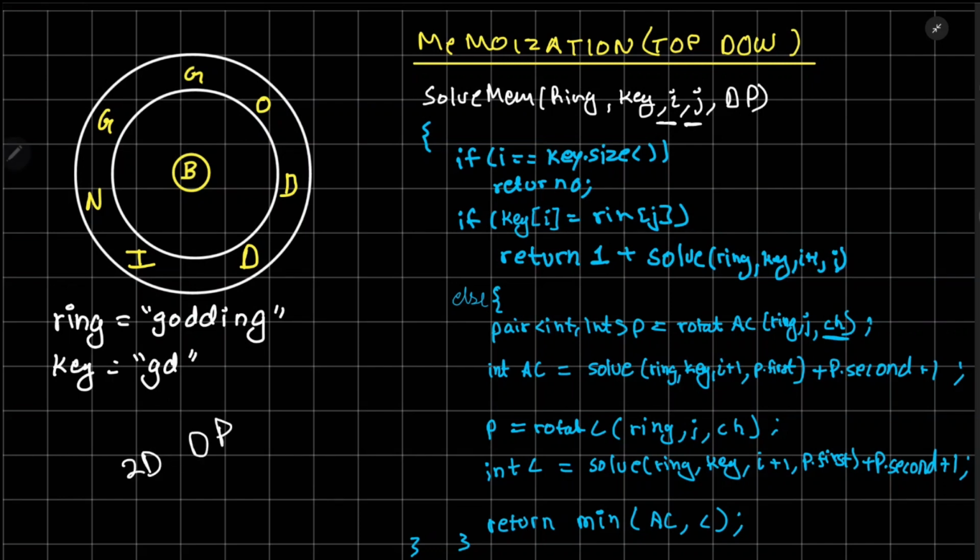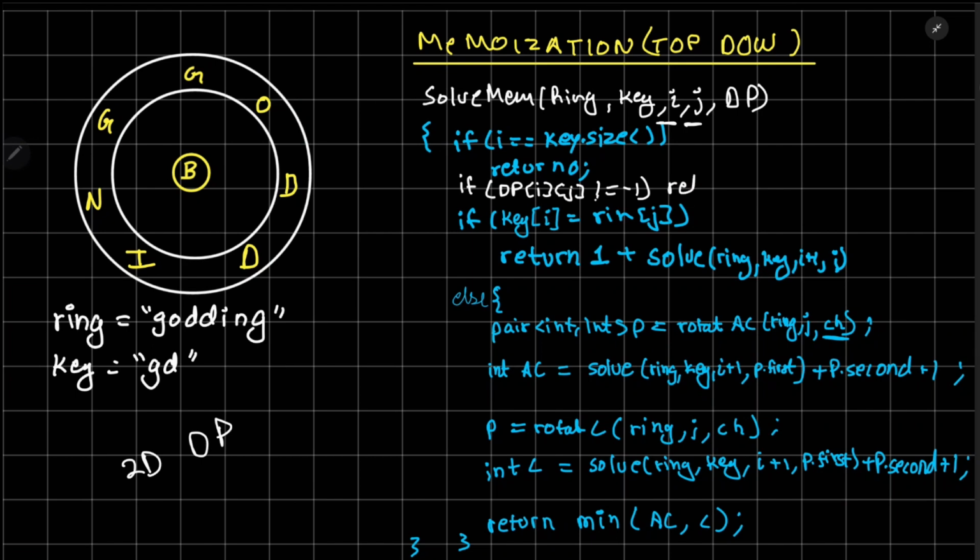So now first what we will do is, after checking the base case, we will check if it is possible that the answer is stored in the DP array from the previous calls. So what we will call here is, if the DP of ij is not equal to -1, then we will return DP of ij.